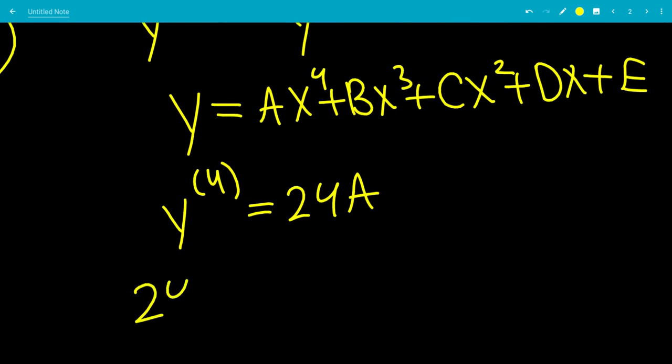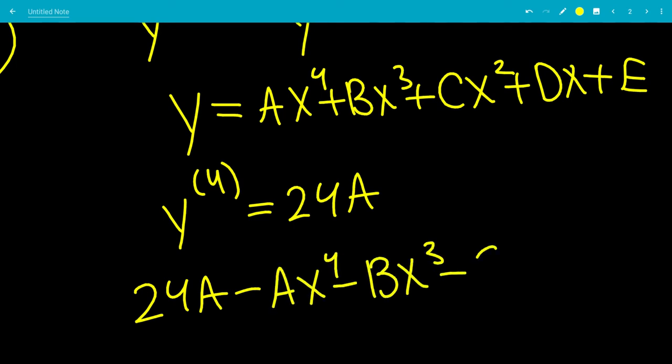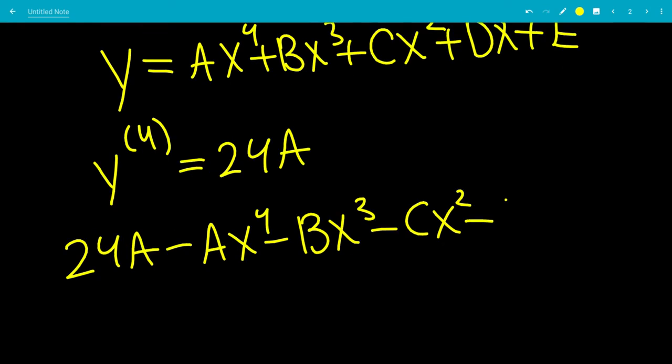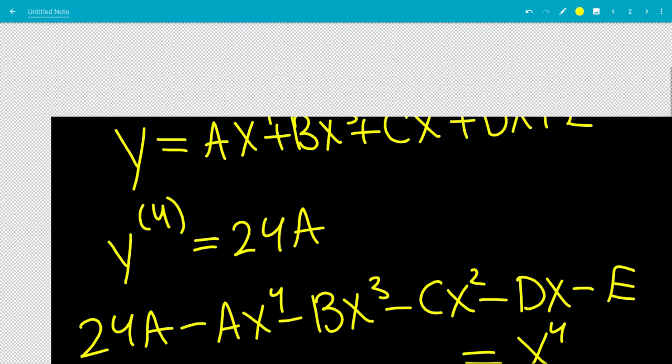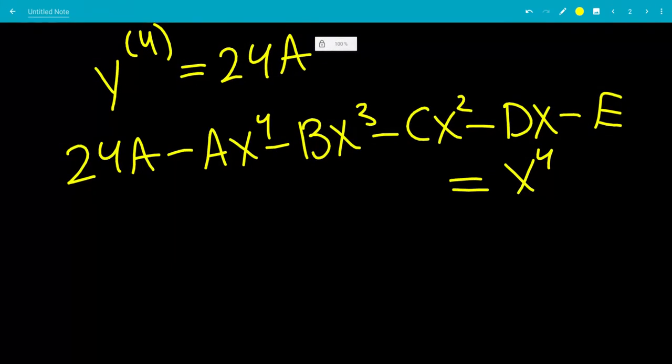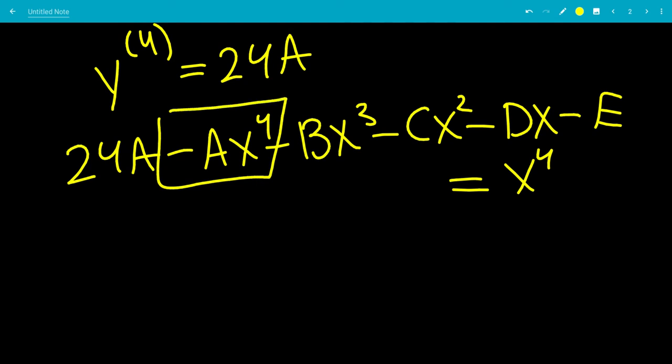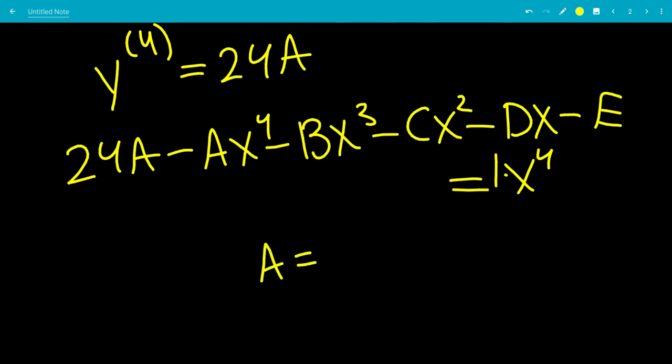So we have 24a minus y, which is minus ax to the fourth minus bx cubed minus cx squared minus dx minus e, and that's defined to be x to the fourth that we have above. Looking at this, the coefficient of x to the fourth is 1, so a has to be minus 1.